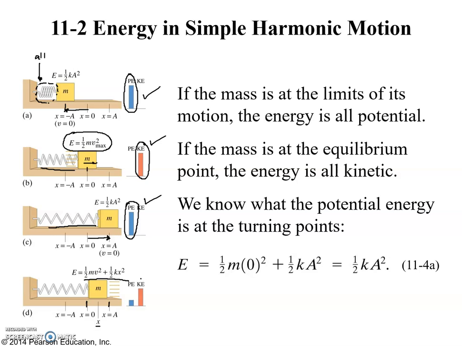And at these points, it becomes more difficult to calculate because we don't know exactly what the velocity of the box is at that point in time. So it's easiest if we can choose what position to investigate. It's much easier to choose either completely potential or completely kinetic.